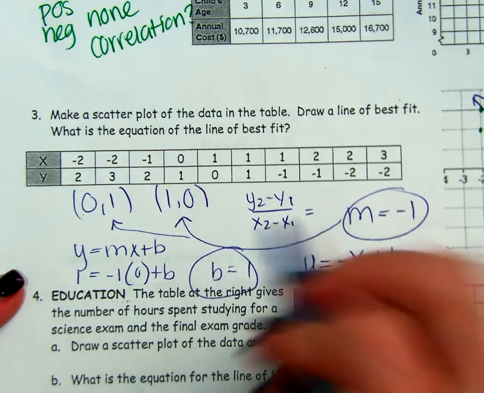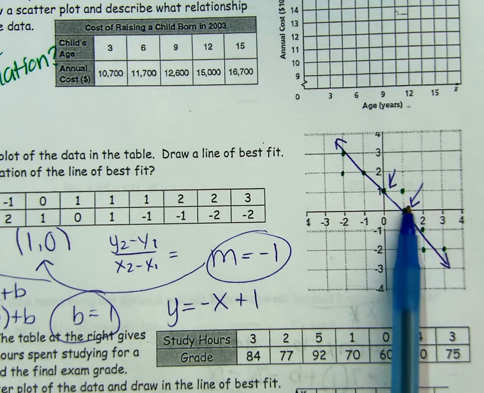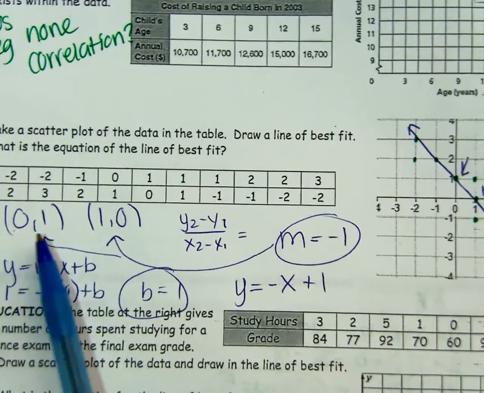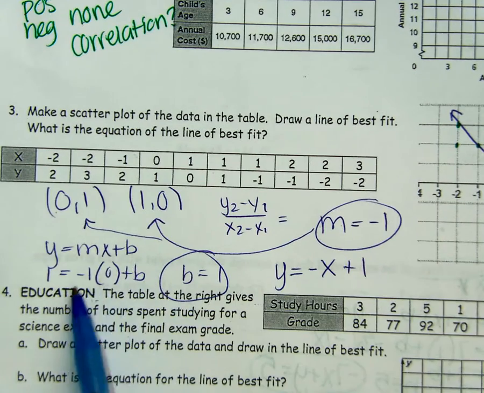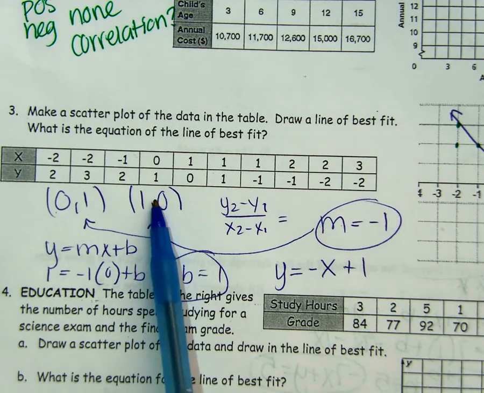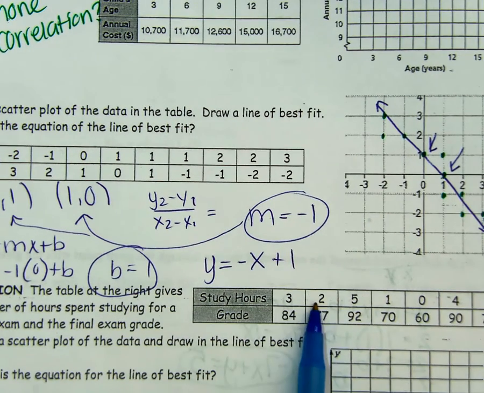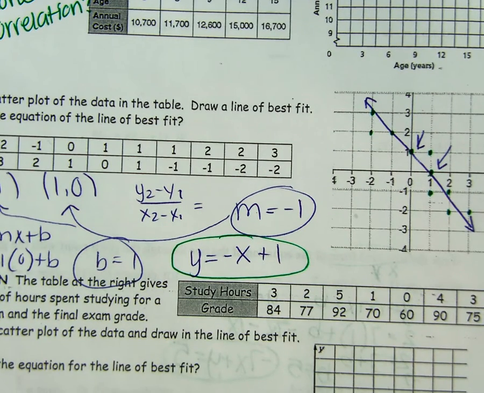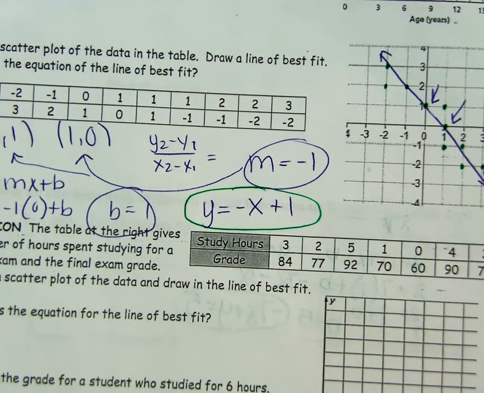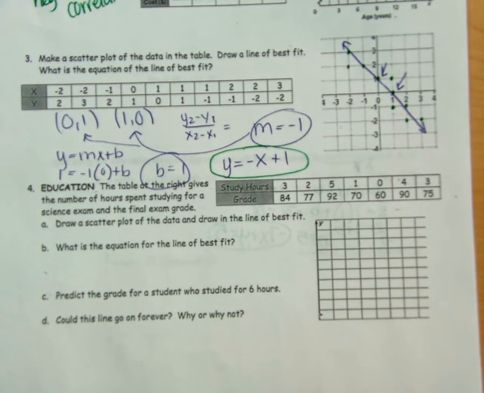You are able to use graphs by drawing a best fit line, picking 2 points on that line, finding the slope, finding the y-intercept by using those points, and then finding an equation of the best fit line, which is going to be in slope-intercept form. I want you to try this in number 4, so please pause the video and try number 4 at this time.